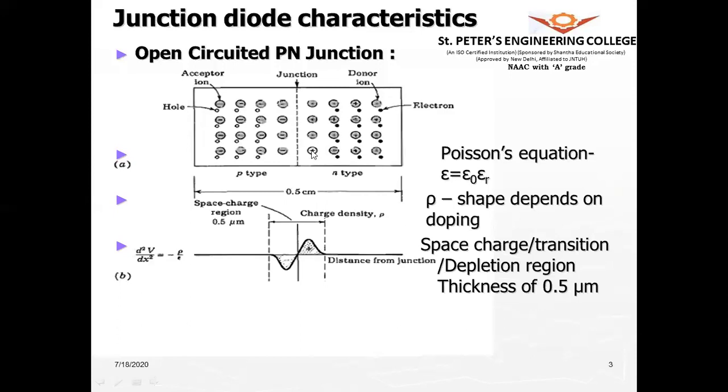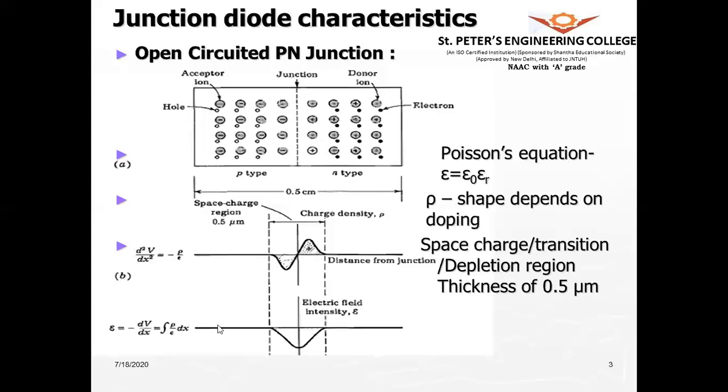It is depleted of free charge carriers. That is why it is called a depletion region. Depleted means emptied. The free charge carriers are emptied here, so its thickness is around 0.5 micrometer.